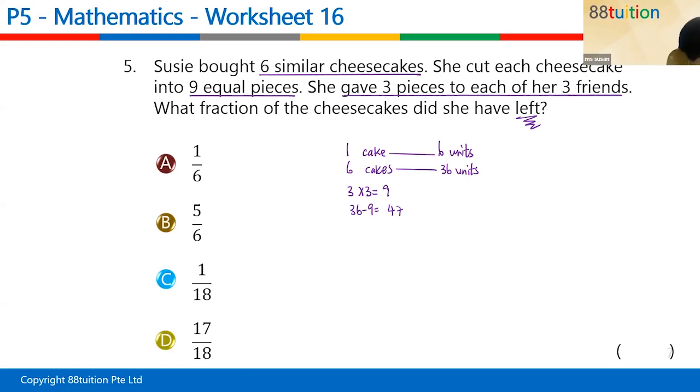Okay, so that 47 out of, wait, I should minus, not add, 27, right? 9, wait, it's 6 of 9 pieces, sorry. Okay, why you never tell me it's 9? It's cut into 9, not cut into 6.